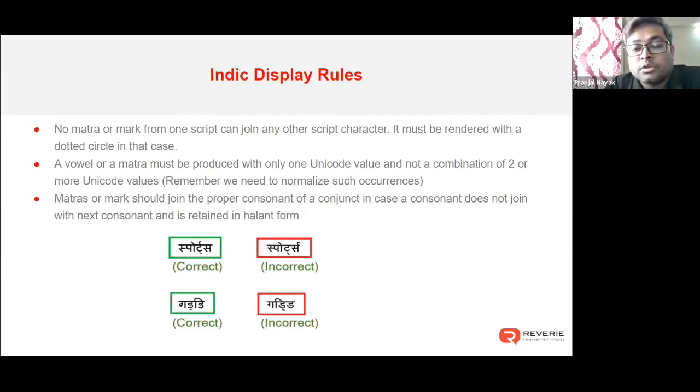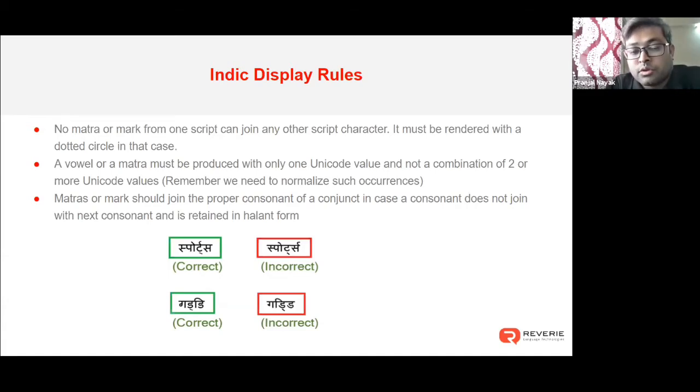The half ta form is shown by a ta and a halant, and in case of gaddi, the two das do not join. Although there could be specific font designs where people may do stacked displays where the two das may join, with one appearing below the other, there could be other fonts where they do not join.